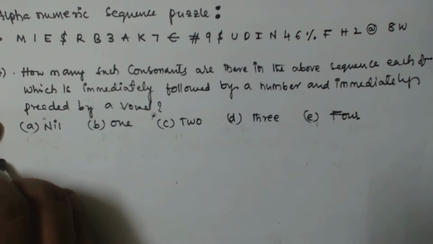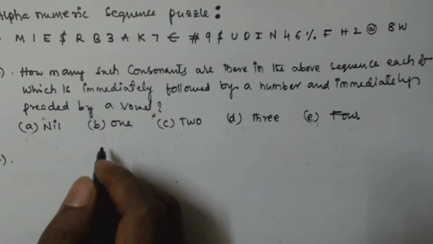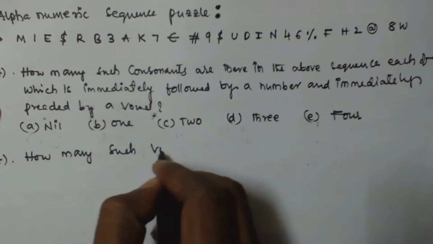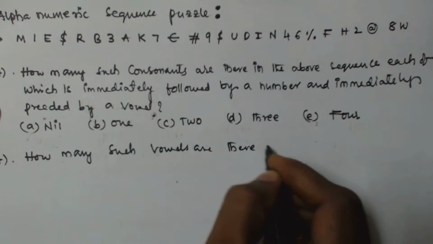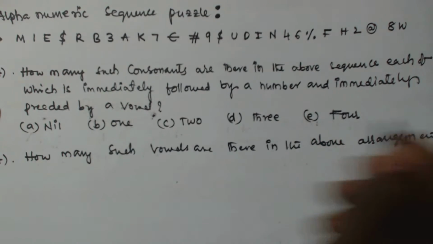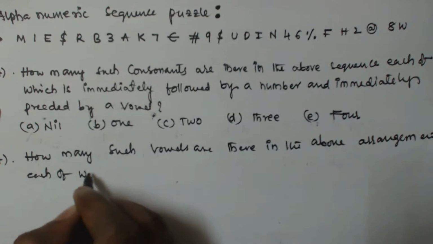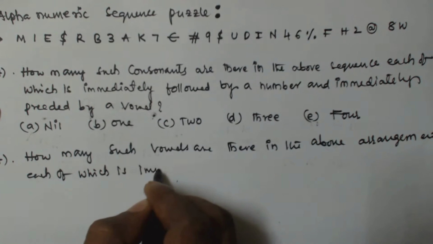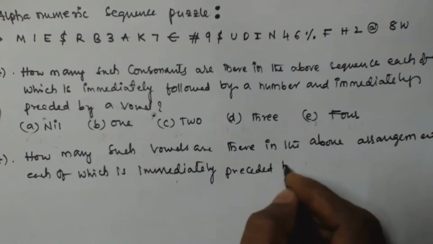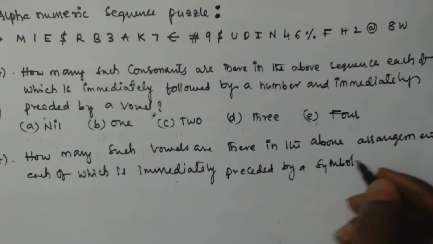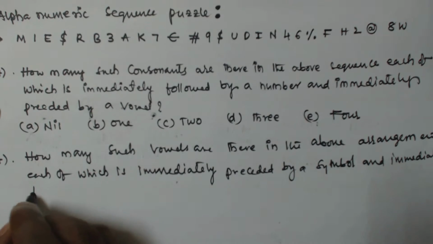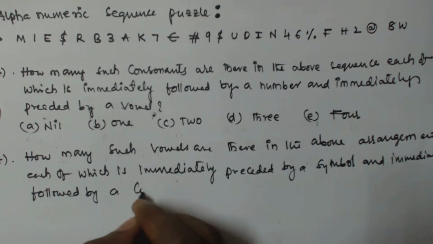So this is the first question, and the second question is: how many such vowels are there in the above arrangement, each of which is immediately preceded by a symbol and immediately followed by a consonant.